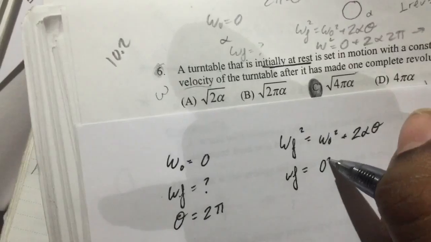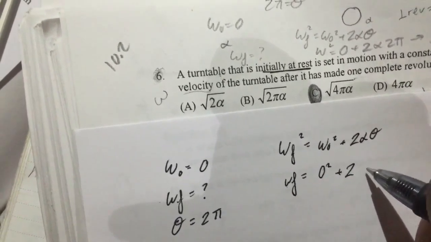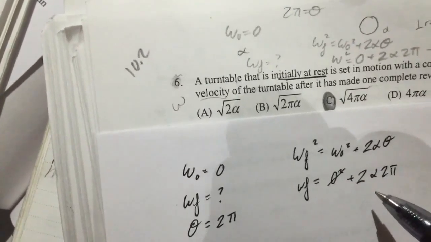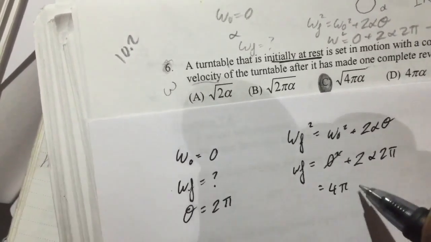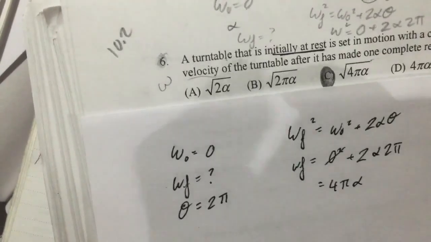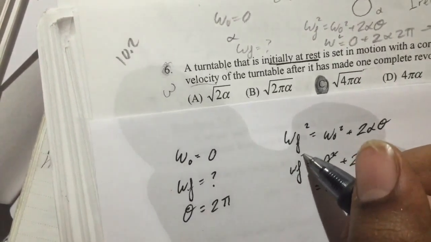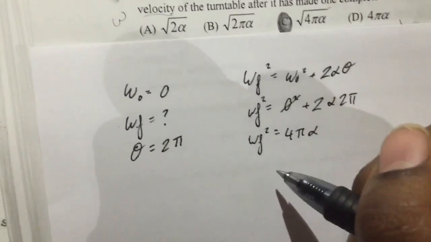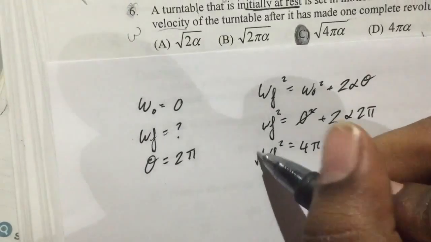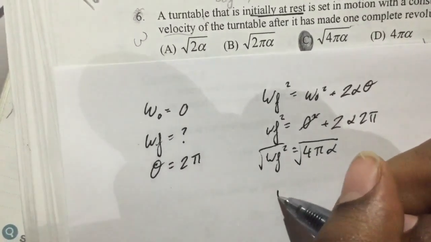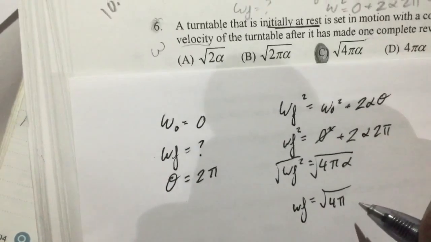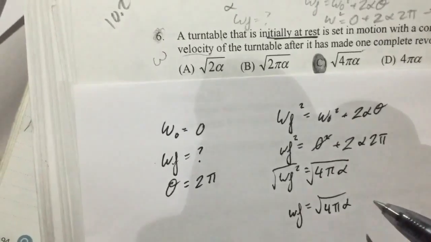So this would equal 0 squared plus 2 times 2 pi times the angular acceleration, so you'd have 4 pi times the angular acceleration equals the final angular velocity squared. Then you'd have to take the square root. And your final answer is the square root of 4 pi times the angular acceleration.